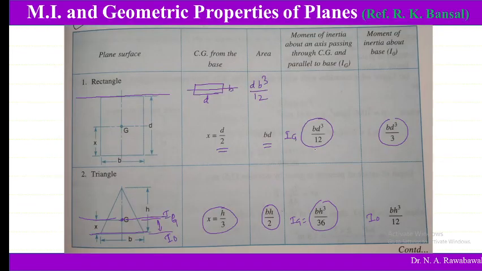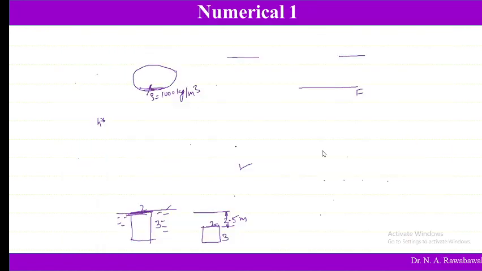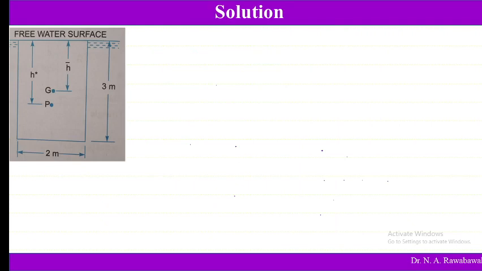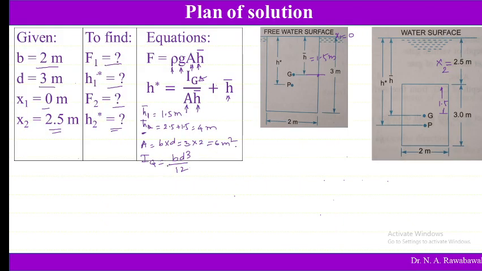So what we have to find out is, first the area, then the moment of inertia, then h1 and h2 bar, and we have to substitute in equation 1 and equation 2. So for simplification of this problem, we will find out the first case, then the second case.